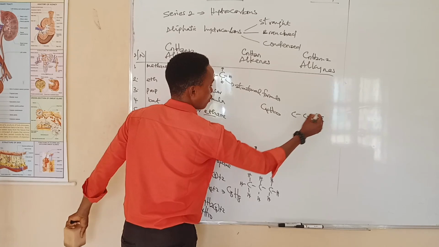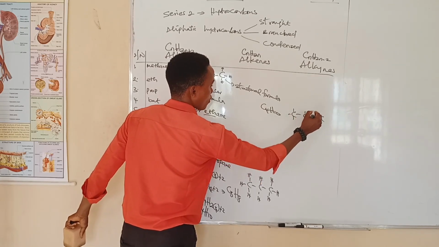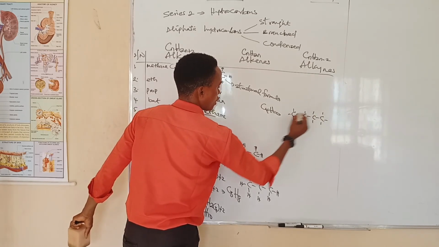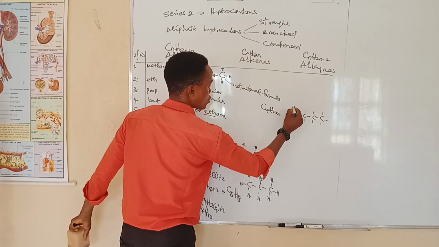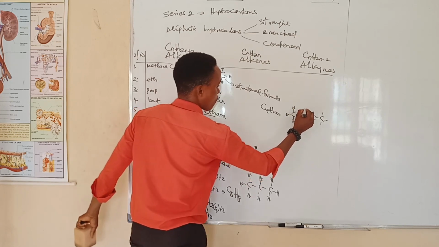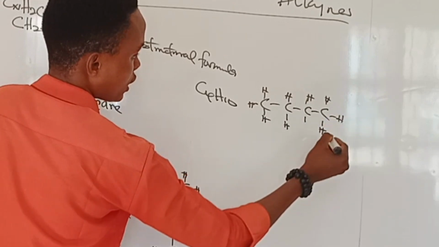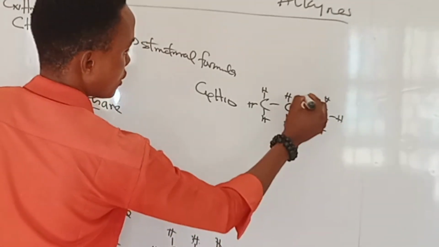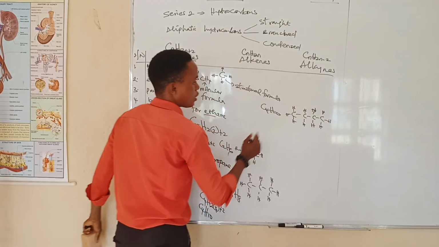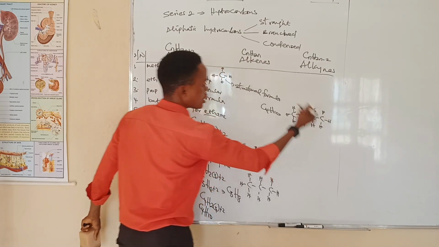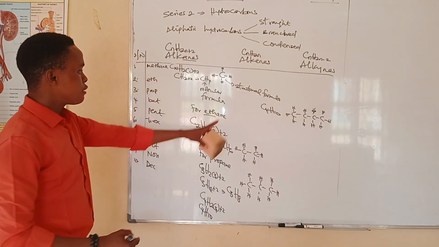How many carbon atoms are there? 4. How many hydrogen? You can count 1, 2, 3, 4, 5, 6, 7, 8, 9. Is it actually 9? Yes, 10 here. 10 there. All right. So this is your butane.